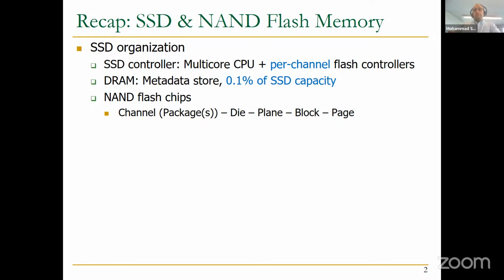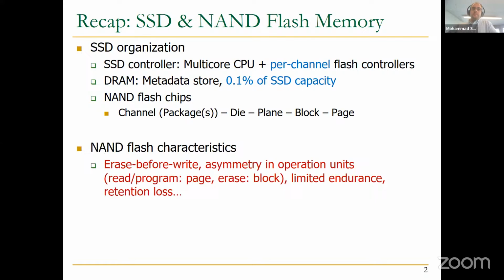We also discussed NAND flash chips and the hierarchy: we have several channels. In each channel, we have several packages, and per package, we can have several dies. In each die, we can have, again, several planes. And in each plane, we have hundreds or thousands of blocks. And per block, we have tens to hundreds of pages.